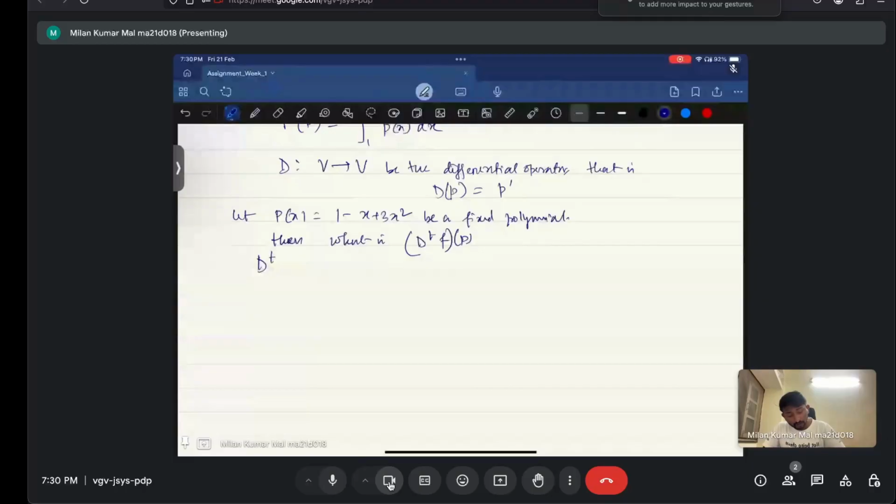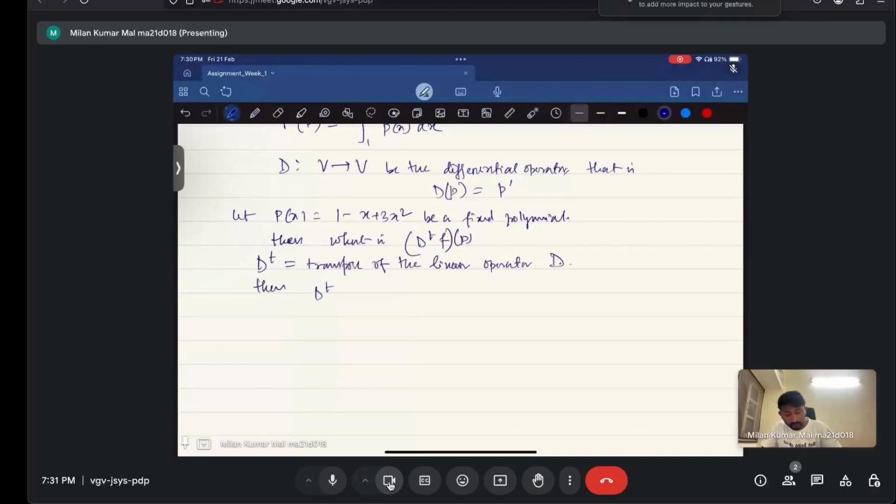So now, when P(x) is equal to 1 minus x plus 3x square, then d of P, that is the derivative at the point x, will be minus 1 plus 6x.